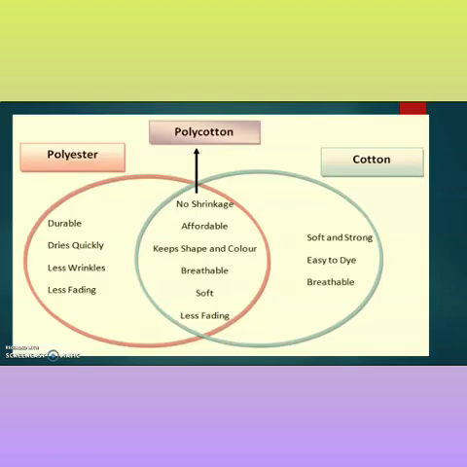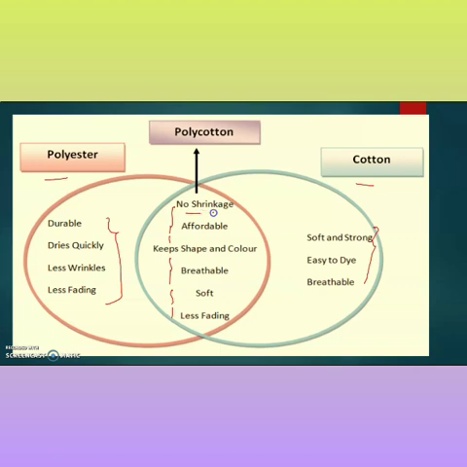We will see an example of blended fiber, that is polycotton. All of you know that polycotton is formed by mixing polyester with cotton. So it has special properties in comparison to the polyester properties. These are the polyester properties, these are the cotton properties, and this is the polycotton property. So what are the other properties which are included?